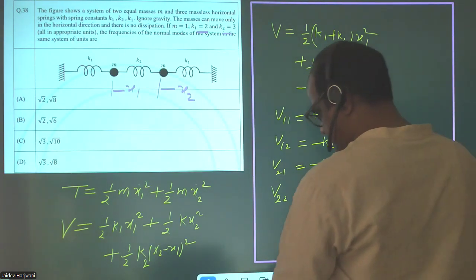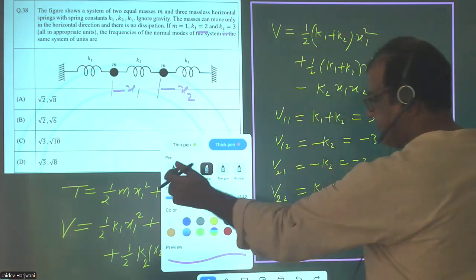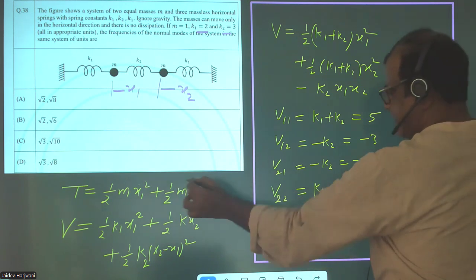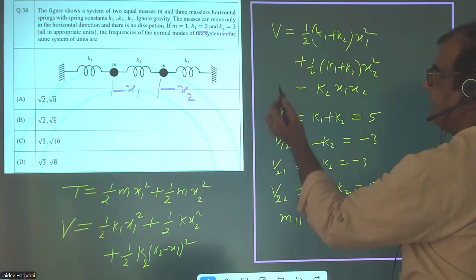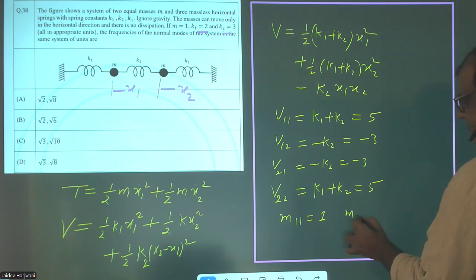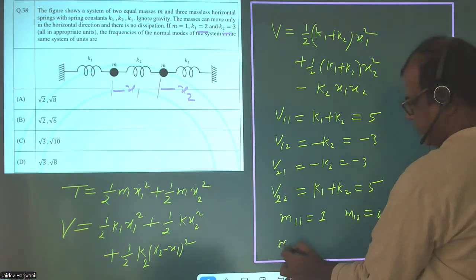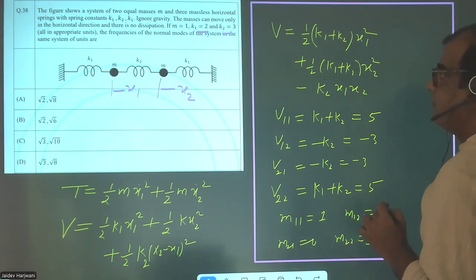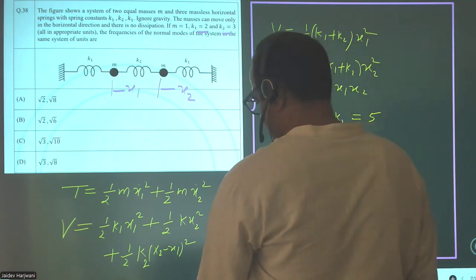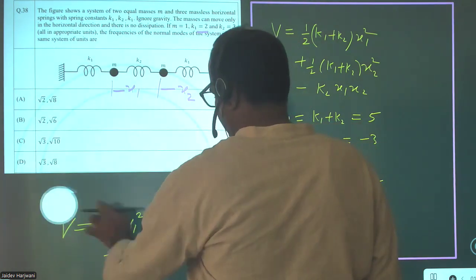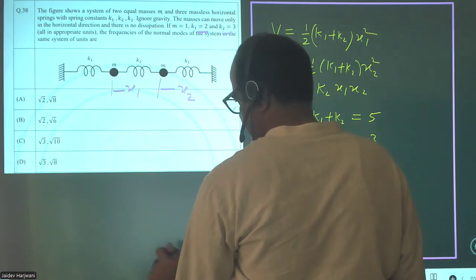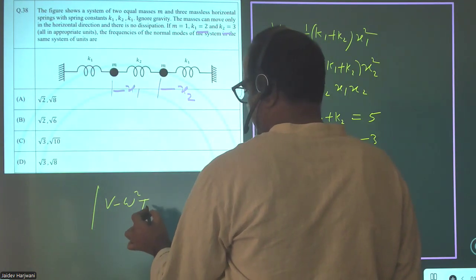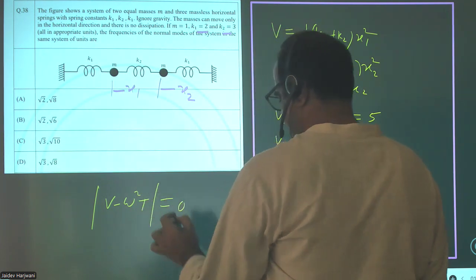Now we can write the matrix elements for kinetic energy also, that is for mass. So from here I can write m11 is m, which is 1, so 1, m12 is 0, m21 is 0, and m22 is again 1. Now let us solve the determinant of V minus omega square T equals 0.